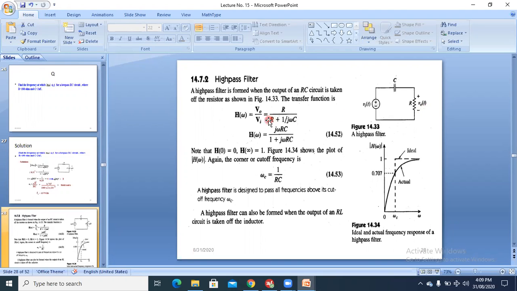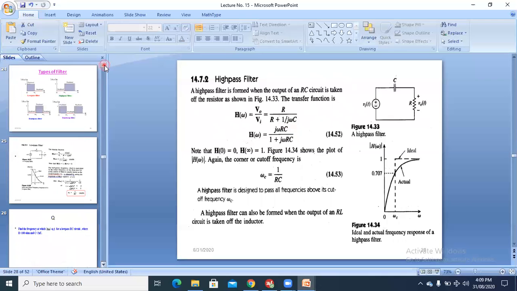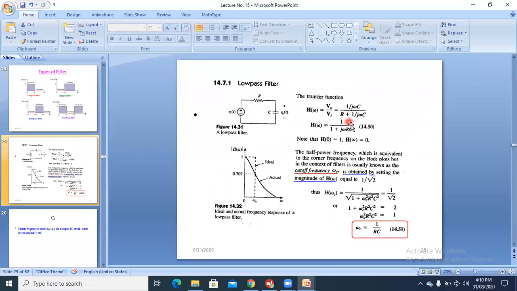It allows the higher range of frequencies to pass, and its response is j omega RC over 1 plus j omega RC, and the cutoff frequency is 1 by RC. So you need to memorize this response of the high pass filter, which is j omega RC over 1 plus j omega RC, and for the low pass filter, which is 1 over 1 plus j omega RC, right?